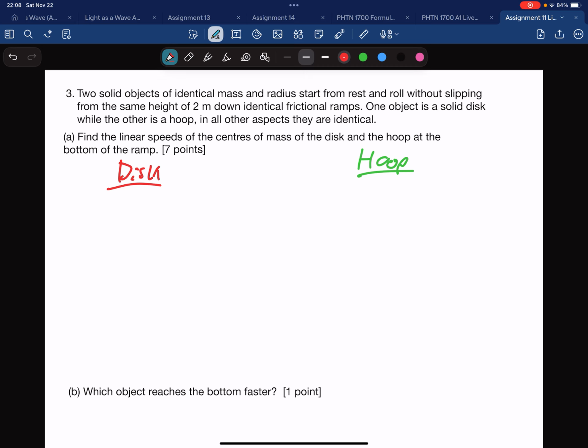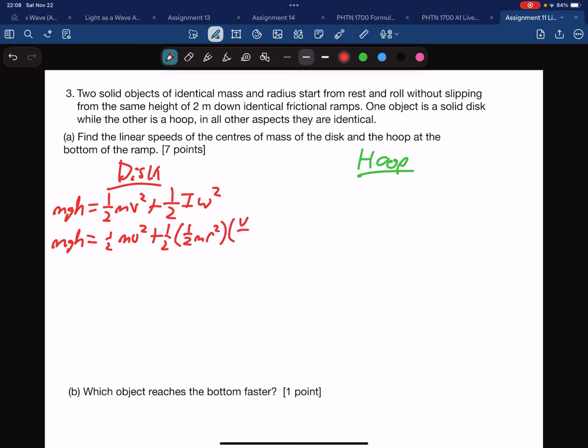I know that initially I have some gravitational potential energy, so I'll have mgh. And I know that at the bottom it will be translating and rotating, so I'll have linear kinetic energy and rotational kinetic energy. I'm going to do some substitutions of my formulas. For the moment of inertia of a disk, I know that is 1/2 mr squared. For omega, I know that is v over r. However, this is omega squared, so I square everything inside the brackets.